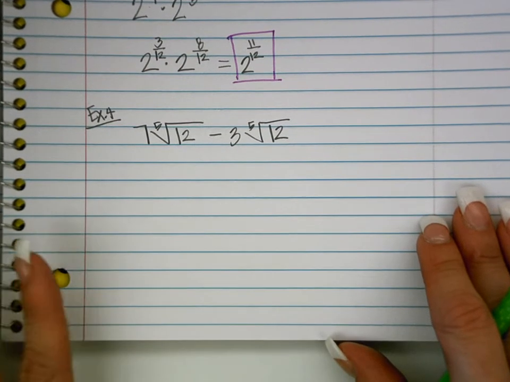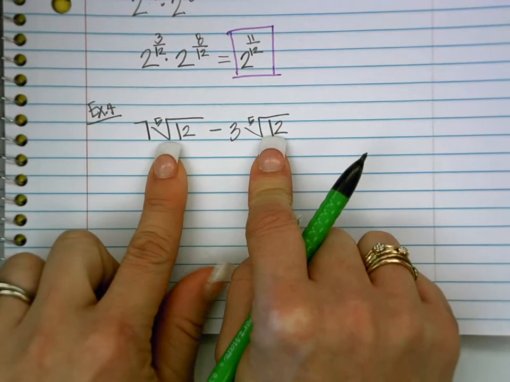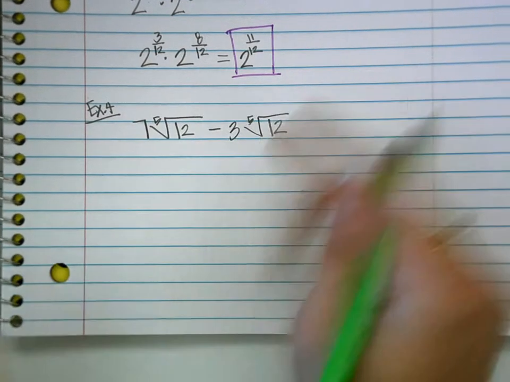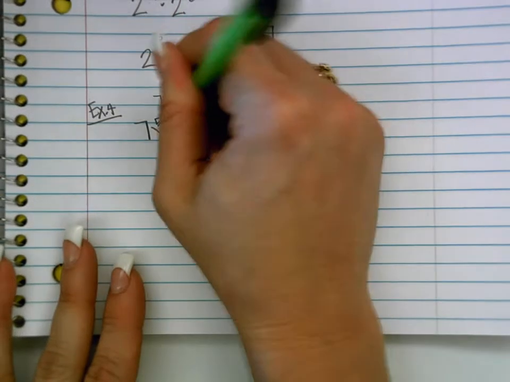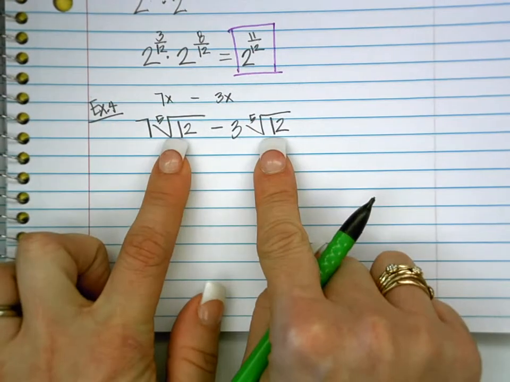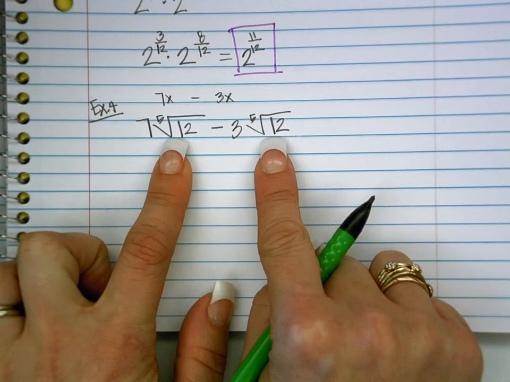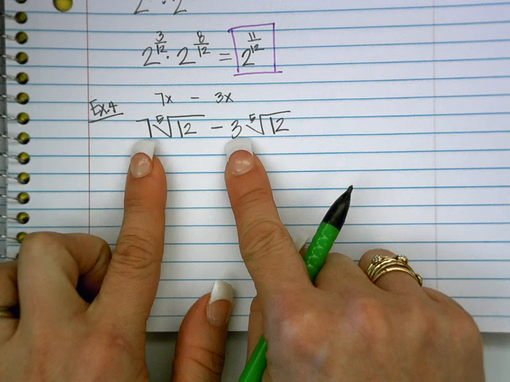These get people totally confused. Are these like terms? Are these the exact same thing? Think of this kind of like 7x minus 3x. The radicals don't change. They're just a like term. All you're really dealing with is the coefficients, the numbers in front.